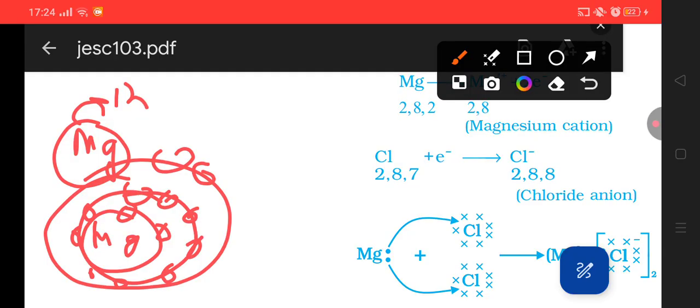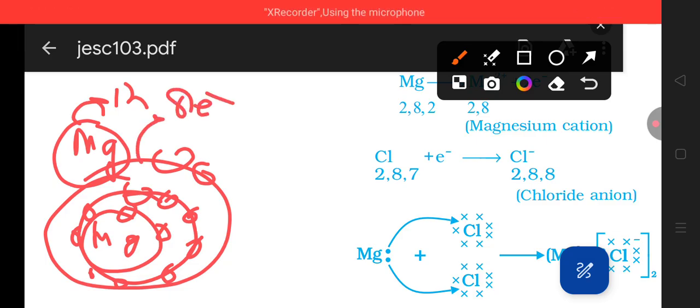So if you see, magnesium has 2 options. Magnesium is not stable, of course, because the last shell needs 8 electrons, but it has 2 electrons only. So it needs 6 electrons more, isn't it? So now there are 2 options for magnesium. Either to gain 6 electrons from somewhere, taking it from another element or something like that, or to lose 2 electrons.